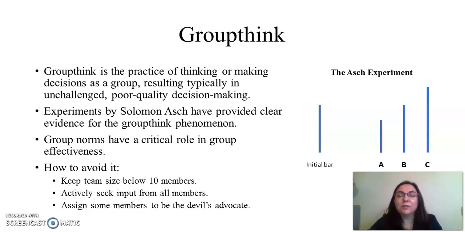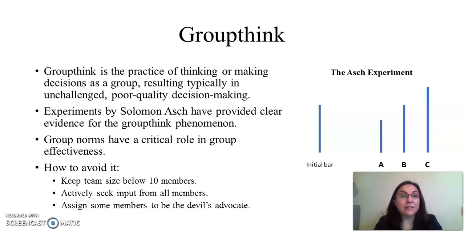Okay, so they did this experiment over and over continuously on different individuals, and what came out is that 70% of the individuals, seeing how others answered, changed their answer to C, even if it's obviously the wrong answer.